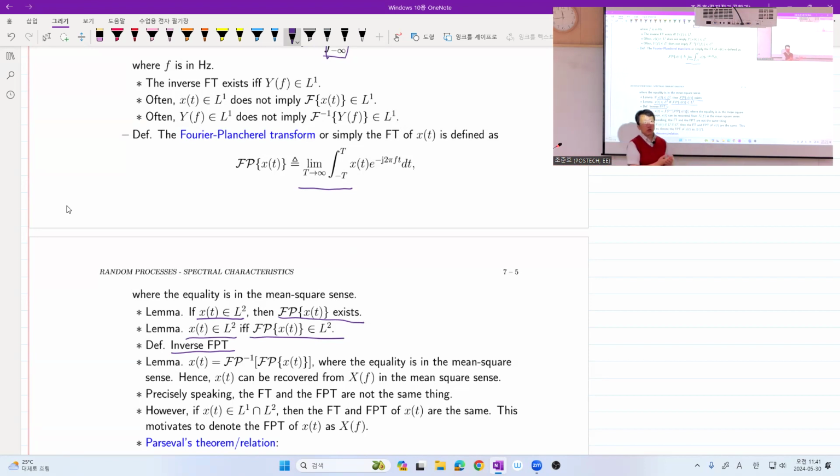Got it? So in many signals and systems undergraduate textbooks, even though they are actually talking about the Fourier Plancherel transform, they just say Fourier transform. Why? They do not want to scare off their undergraduate students. In most US universities, your department is not restricted.